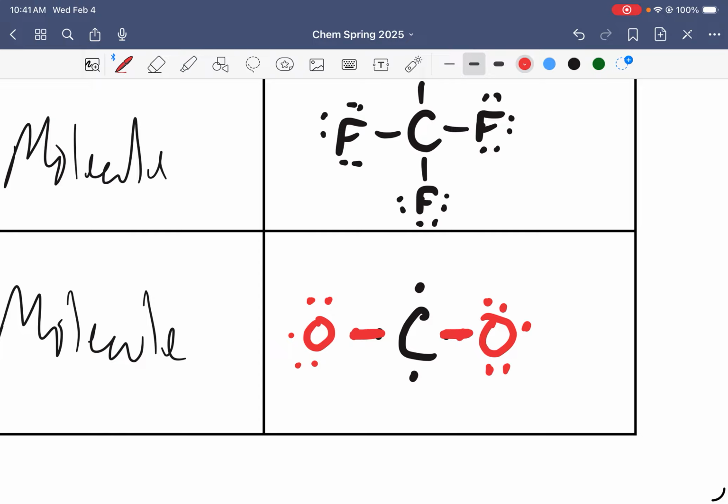This dot electron is going to move over. They're going to create another bond. And so now, when I look at my oxygens, I have 8 valence electrons. This one also has 8. And the carbon also has 8. Remember, each line counts for 2. And so this is my structure for carbon dioxide.